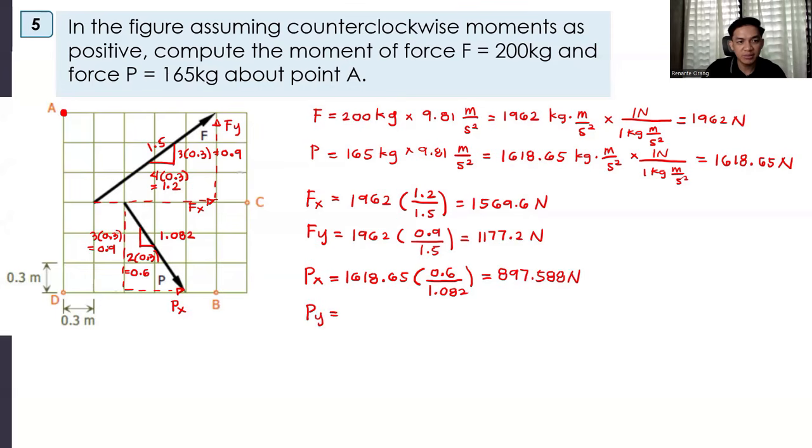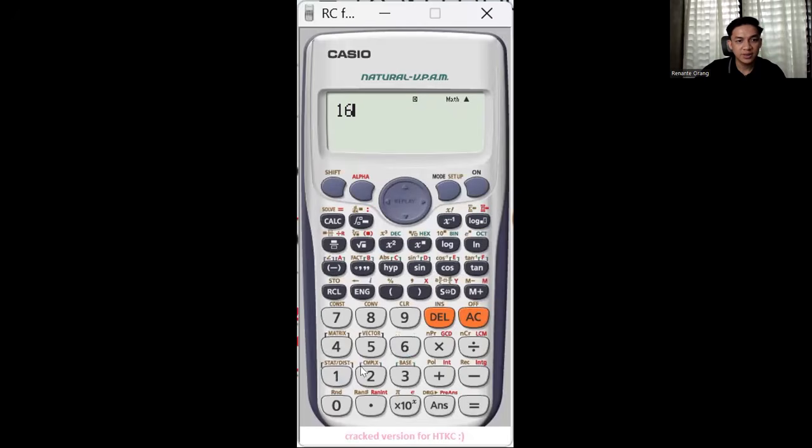Next is for our Py. Take note, we will use the 0.9 because it is vertical. This is our Py, that is 1,618.65 multiplied by our 0.9 divided by our hypotenuse, which is 1.082. 1,618.65 multiplied by 0.9 over 1.082 equals 1,346.382.